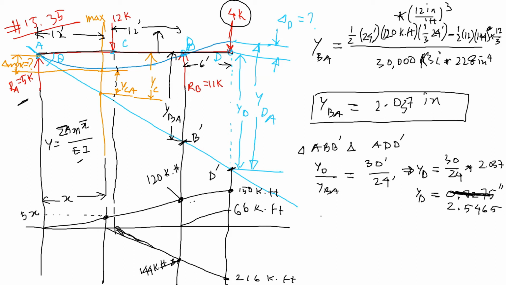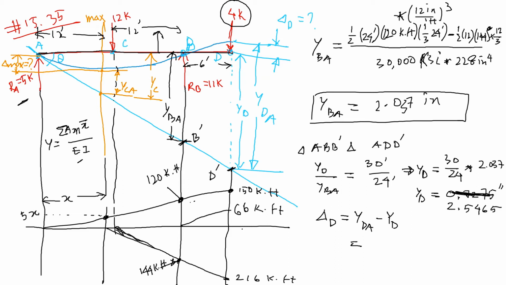I can now calculate delta D, which is equal to YDA minus YD. Oh, we didn't calculate YDA.